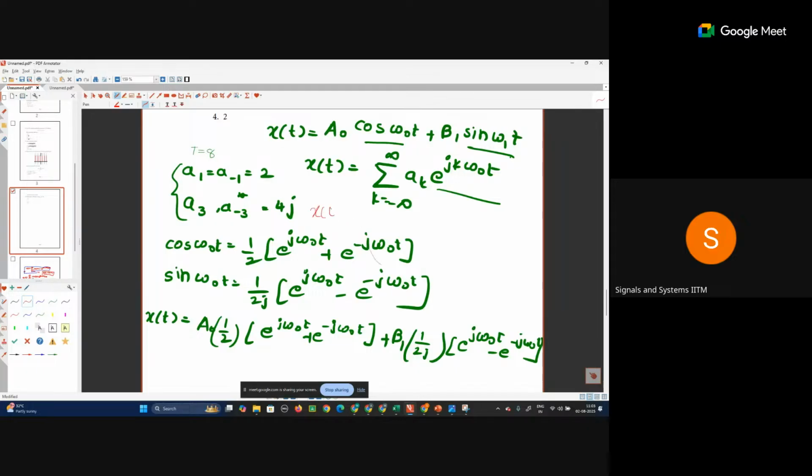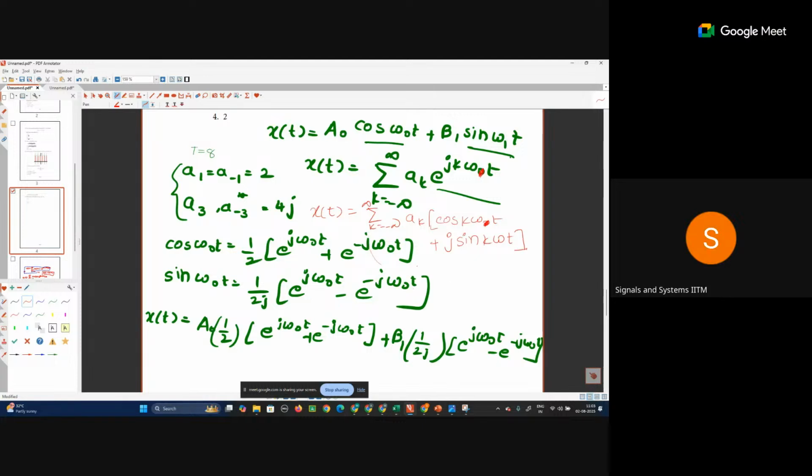So x of t can be represented with ak into cos k omega naught t plus j sine k omega t.